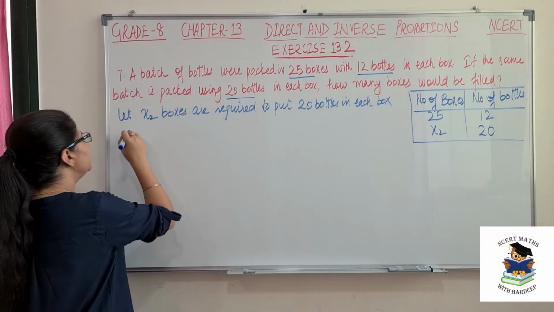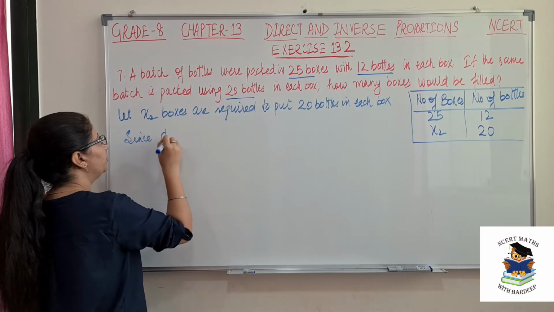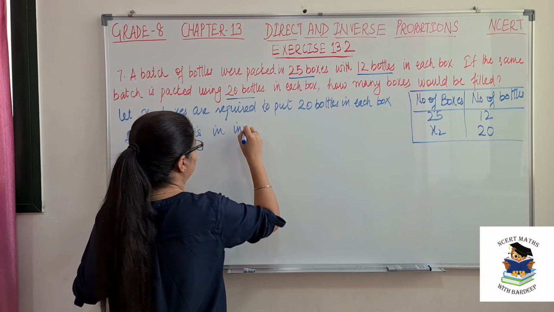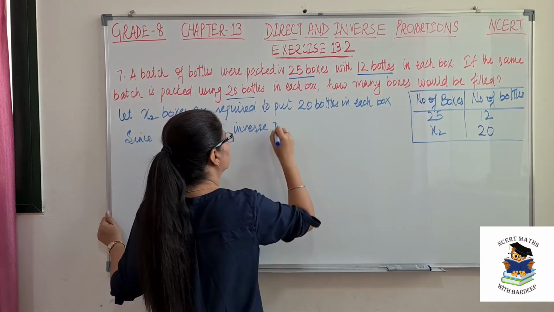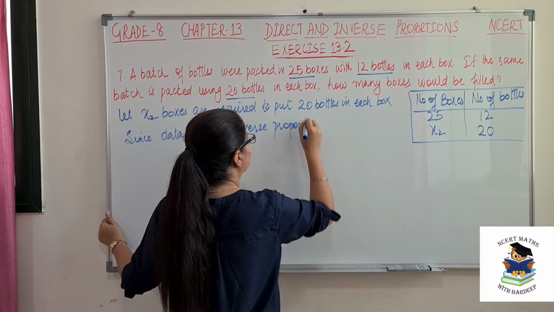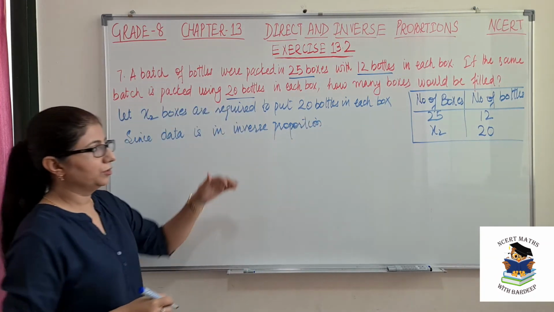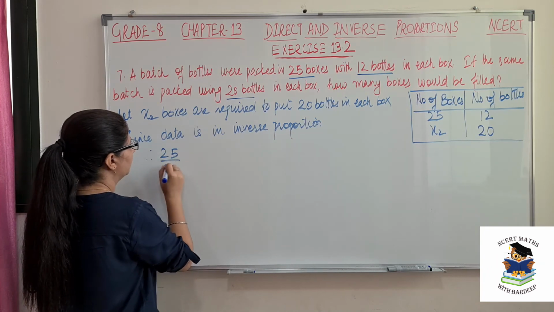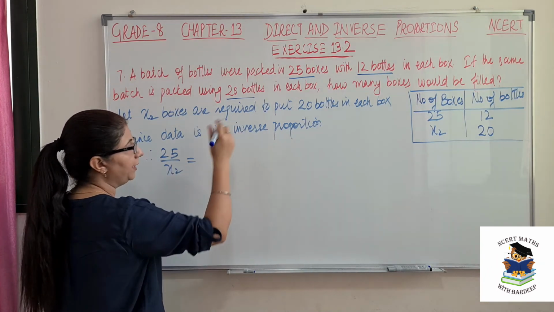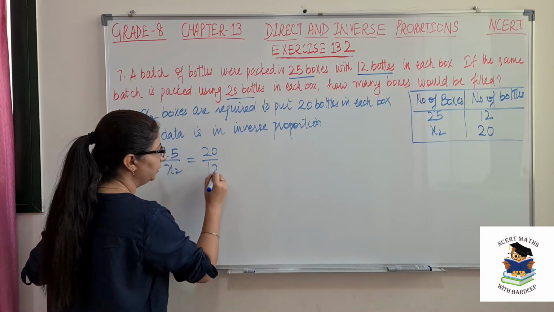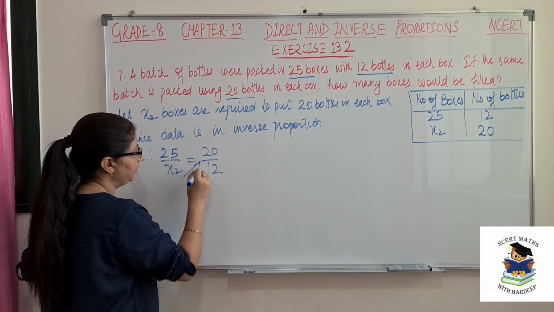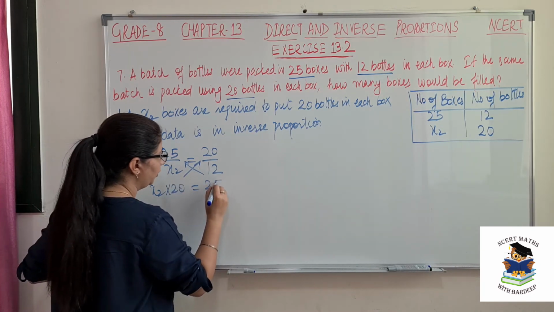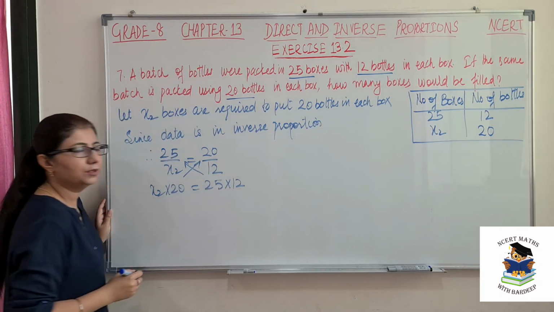Okay, so again, since data is in inverse proportion, therefore 25 over x2 is equal to y2 over y1, that is 20 over 12. So now we will cross multiply them. This is x2 into 20 is equal to 25 into 12.